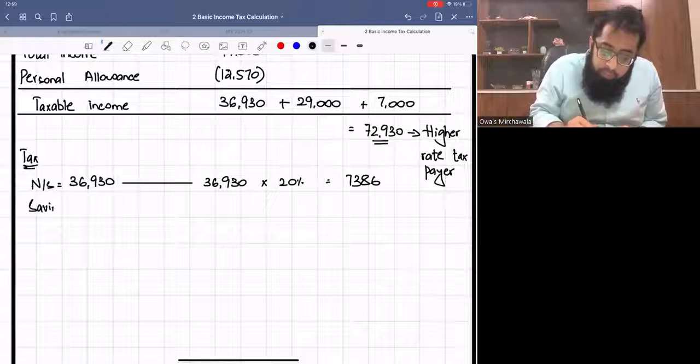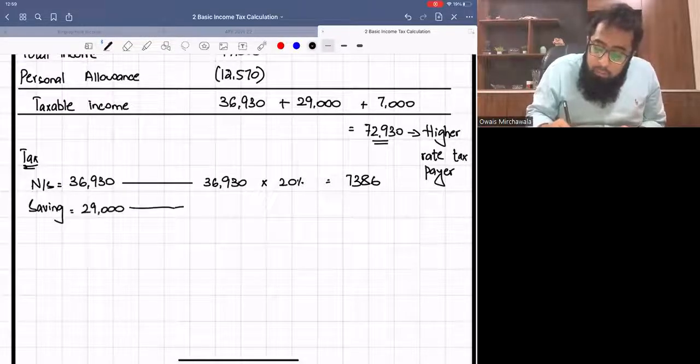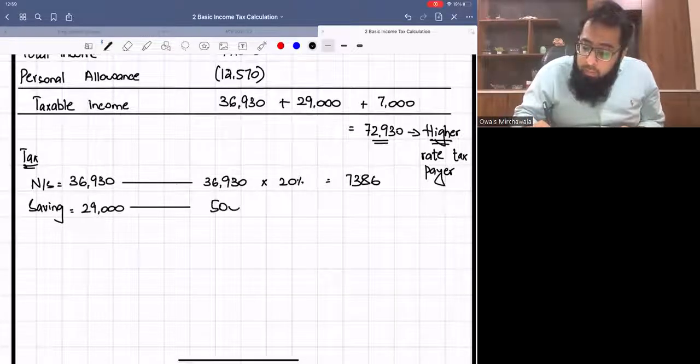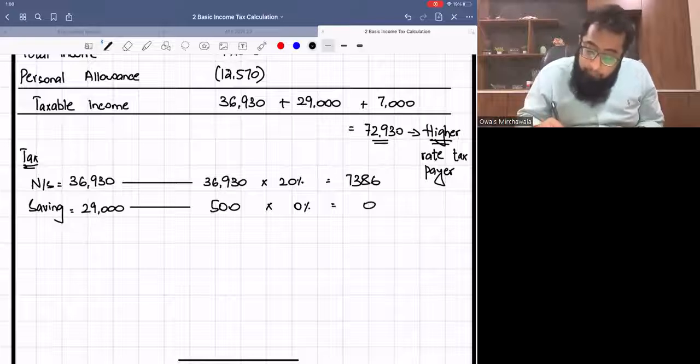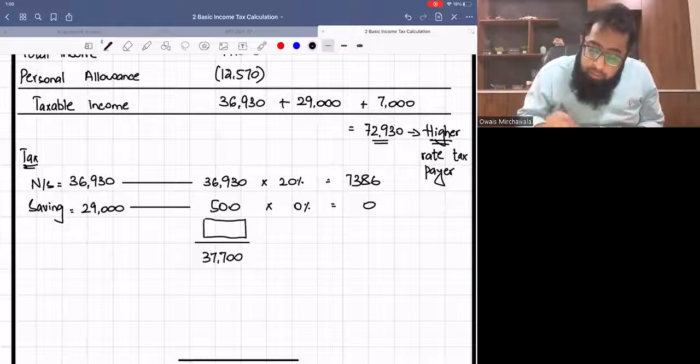Then we have saving income 29,000. Since we are a higher rate taxpayer, so first 500 goes in 0% band. Now let's look at the basic rate band. The basic rate band is still 37,700.